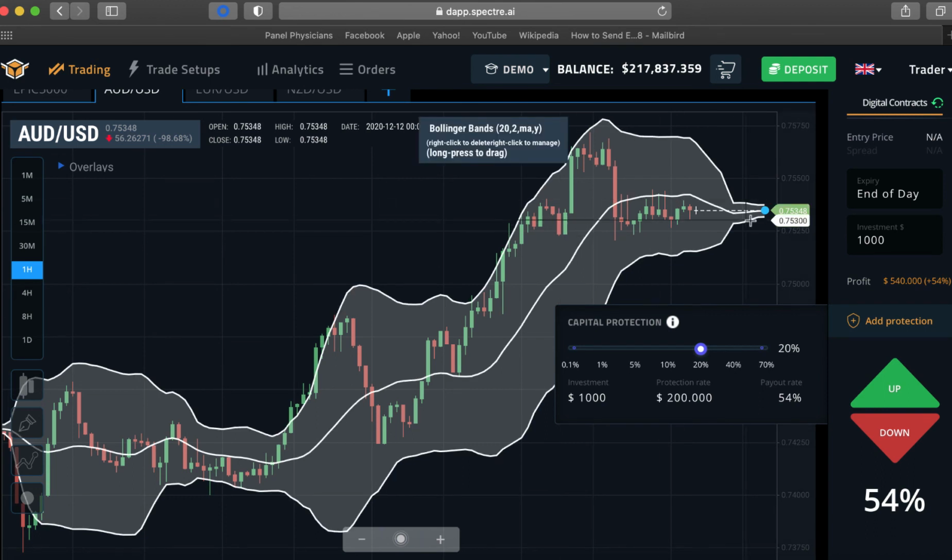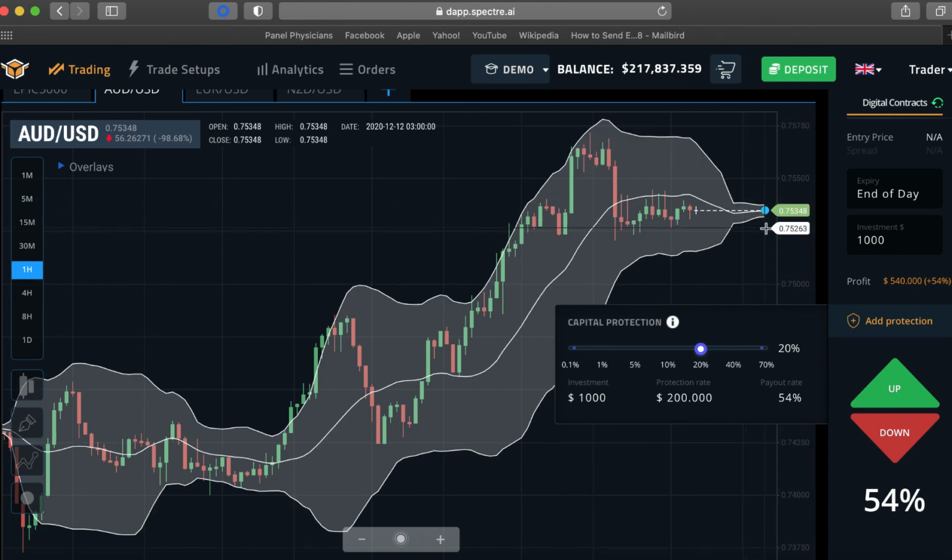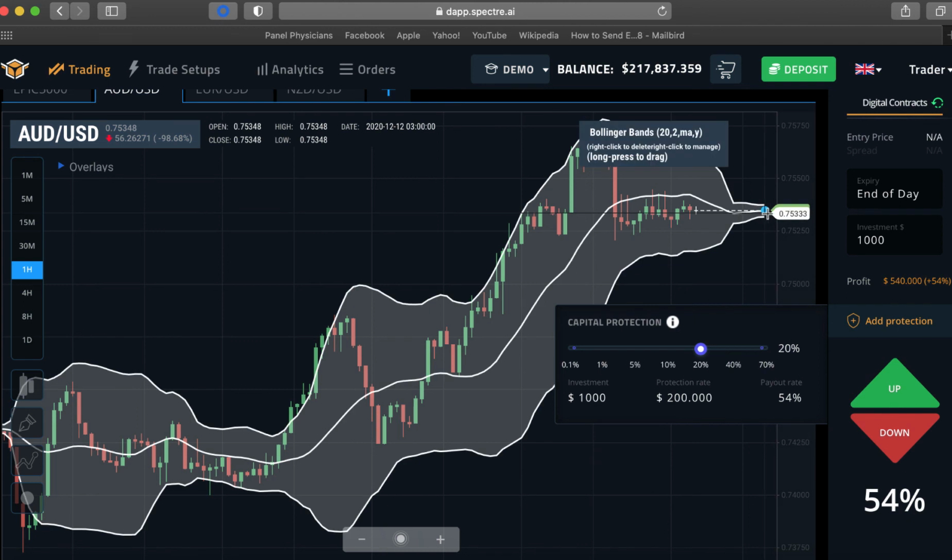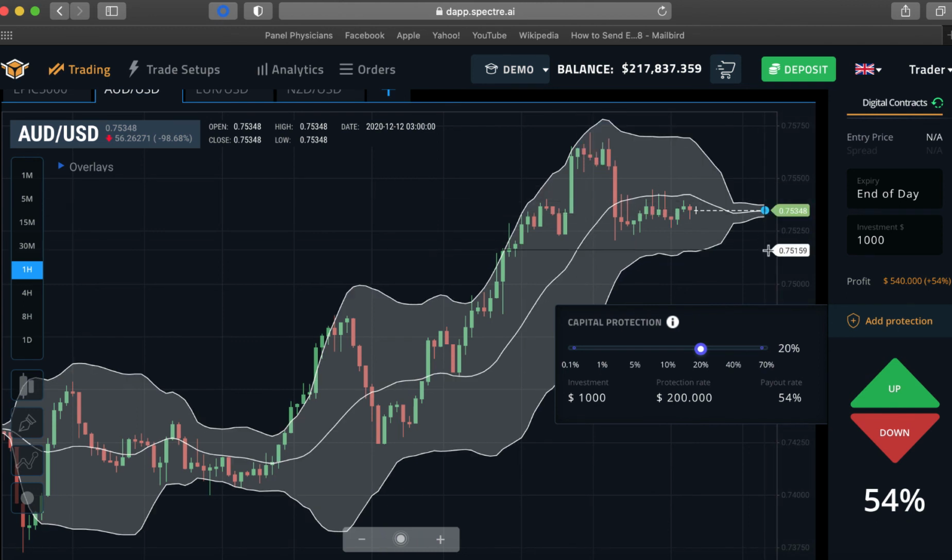If I lose this trade, in the sense that my trade doesn't close below 0.75348, let's say it closes above by end of the day, I'm going to lose all my money. In binary option brokers, you lose 100% of your total investment. The great thing about Spectre is that you can actually choose. I can protect up to 20%, even up to 70% of my invested amount. If I'm investing 1,000, I can protect 700. The payout will be low, of course.